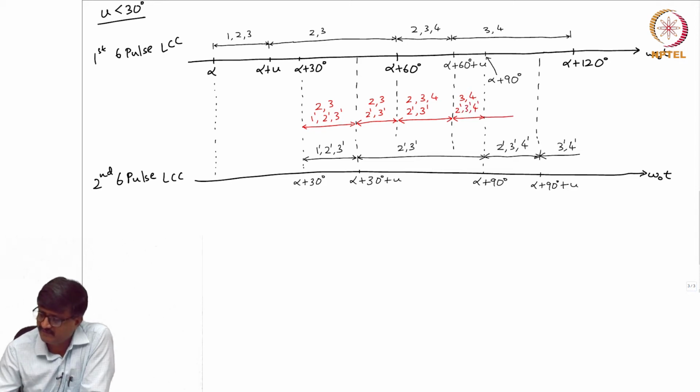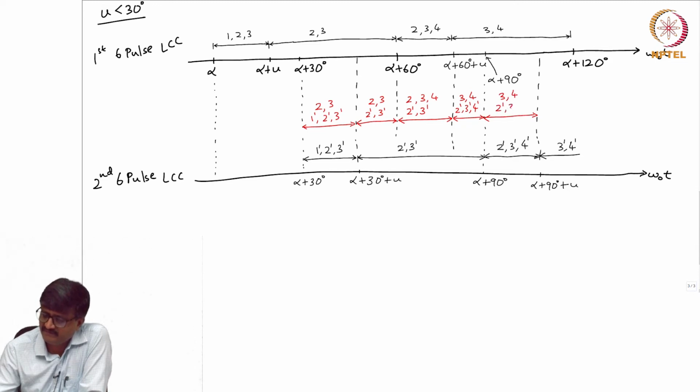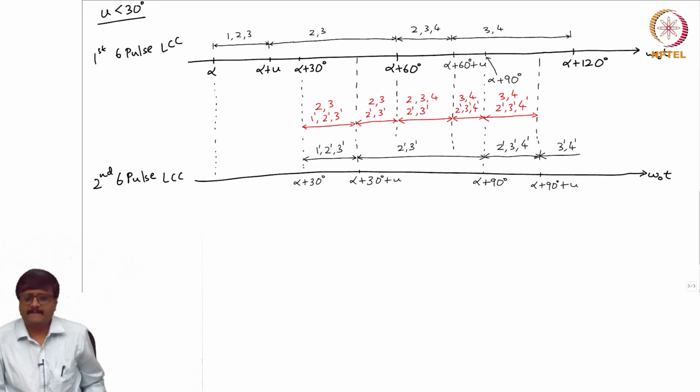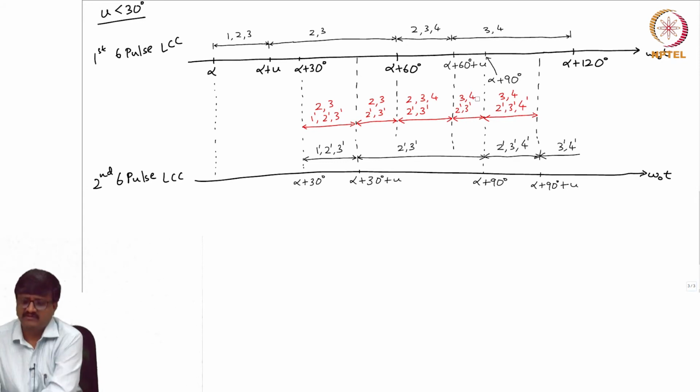Then alpha plus 90 degree to alpha plus 90 plus u, 3, 4, 2 prime, 3 prime, 4 prime. I made a mistake here. Sorry. So, from alpha plus 60 plus u to alpha plus 90, it is 3, 4, 2 prime, 3 prime.